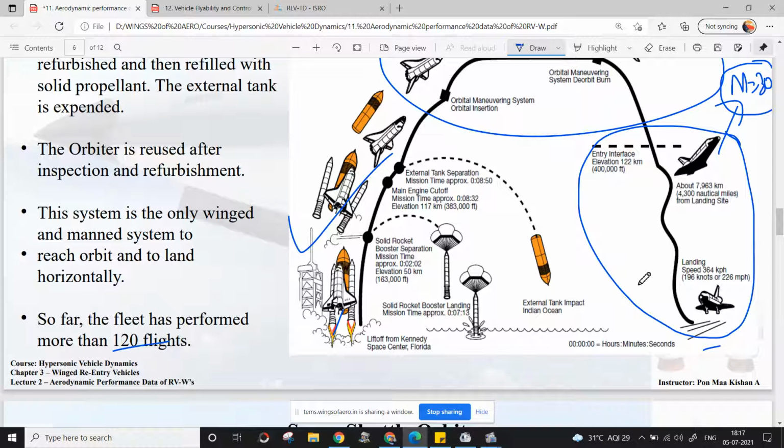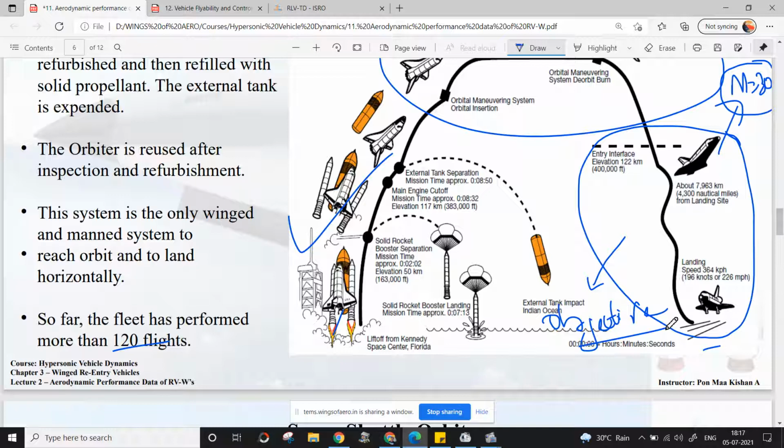If someone asks what is the objective of re-entering, what is the objective from a designer's point of view? Suppose I am an aerospace engineer, going to design an RLV and study the re-entry scenario. What will be my objective? My objective will be to decelerate the spacecraft.